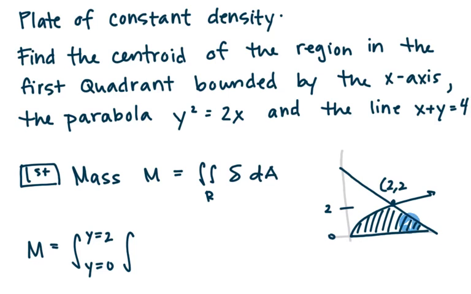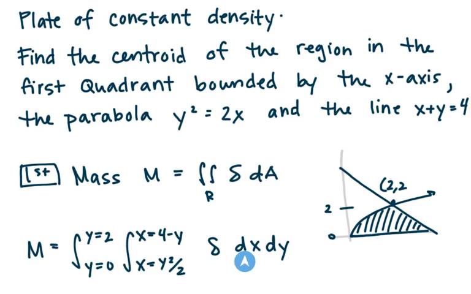My upper bound is this line, x equals 4 minus y. And my lower bound is this parabola, x equals 1/2 y squared, x equals y squared over 2. Then we have delta. We'll write this as dx dy.